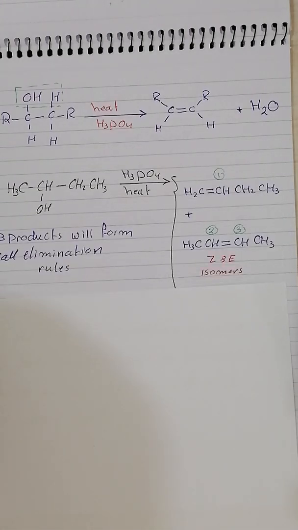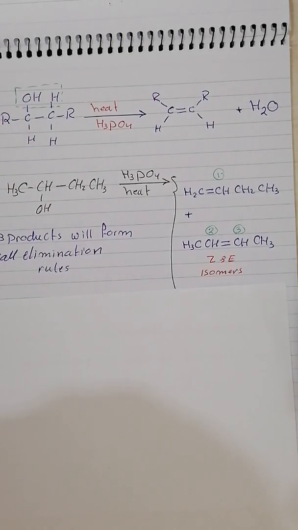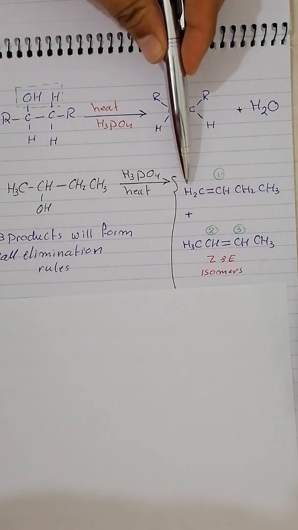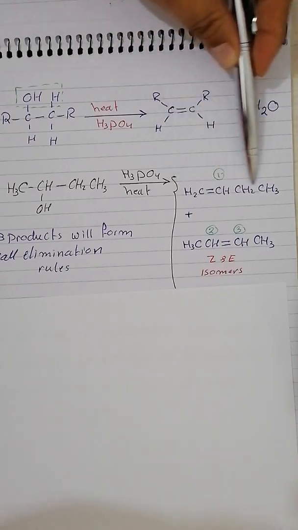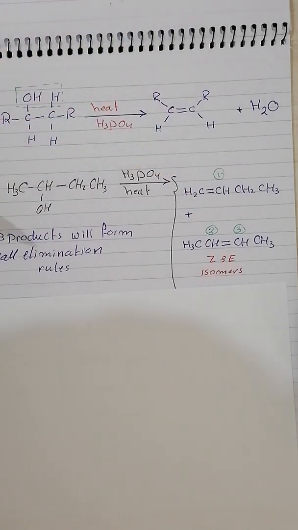Here I want you to note something. If the compound is not symmetrical, it's the same rules as halogenoalkane: we can remove the hydrogen atom from this side or the hydrogen atom from this side. If we remove the hydrogen from the first carbon, we will form this butene, where the double bond is between the first and second carbon.